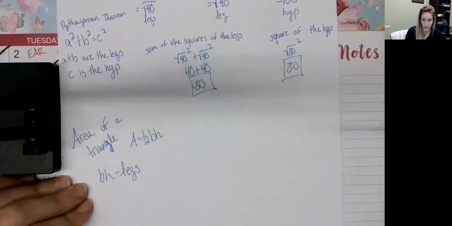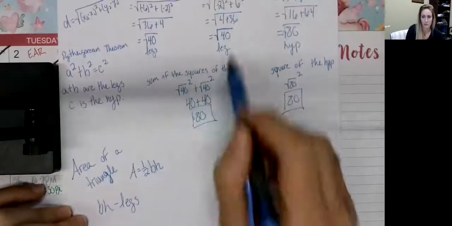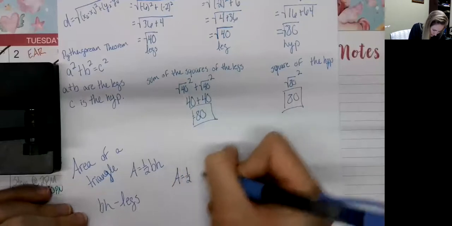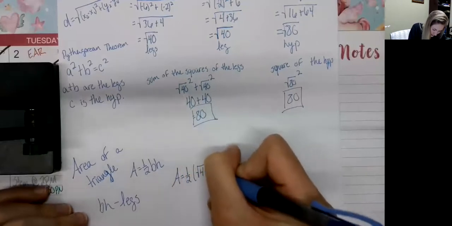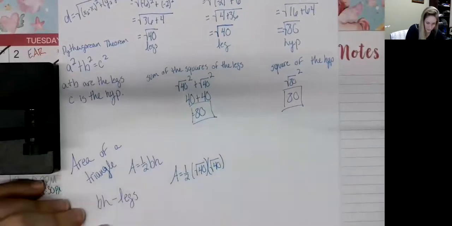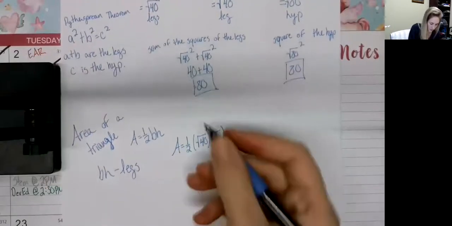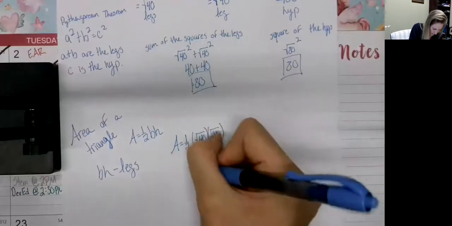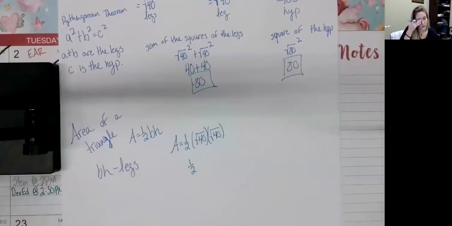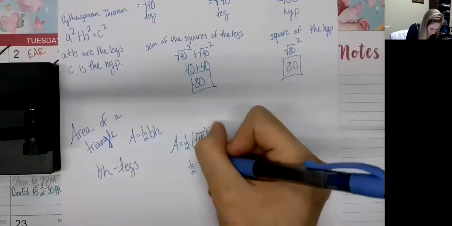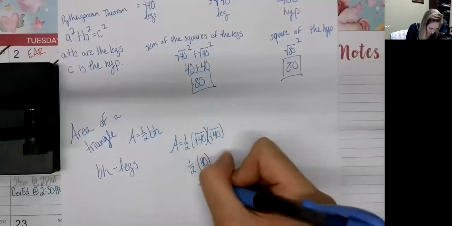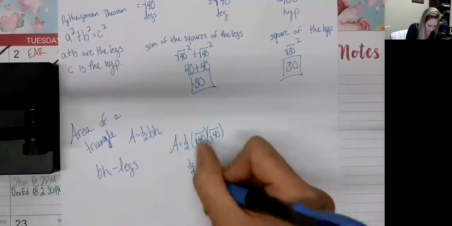So we're doing 1/2 a times b, which is another reason my isosceles one isn't the best. So my area is going to be 1/2 my legs times each other, square root of 40, square root of 40. And then we'd work that out. So we'd have 1/2, the square root of 40 times the square root of 40 would be 40, and then half of 40 equals 20. So this would be my area.